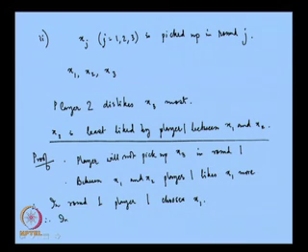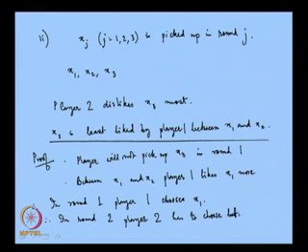Therefore, in round 2, now it is player 2 who is going to move. Player 2 has to choose between x2 and x3, and we know that player 2 dislikes x3 most.